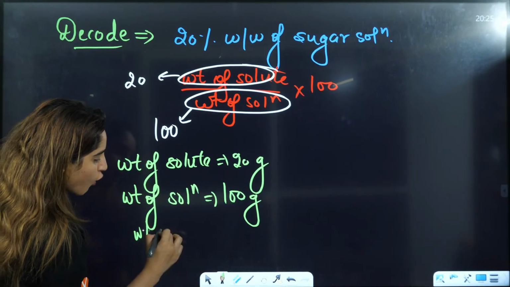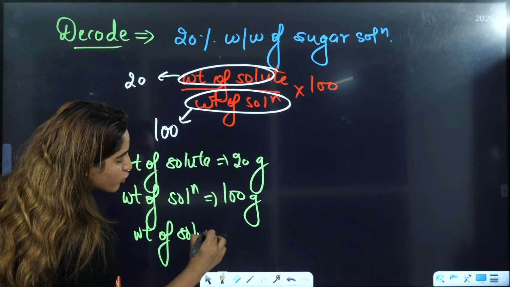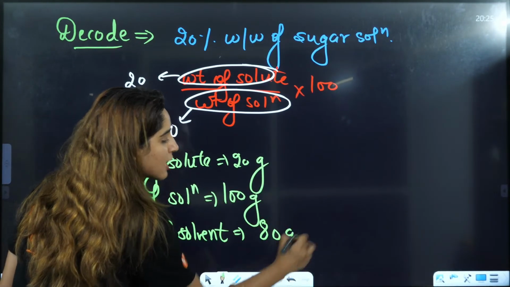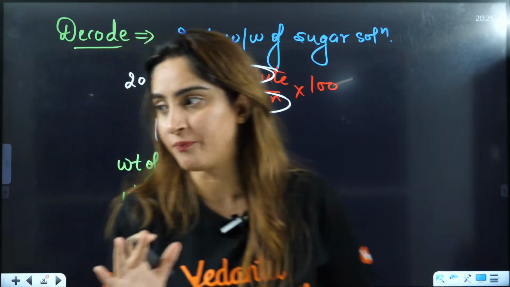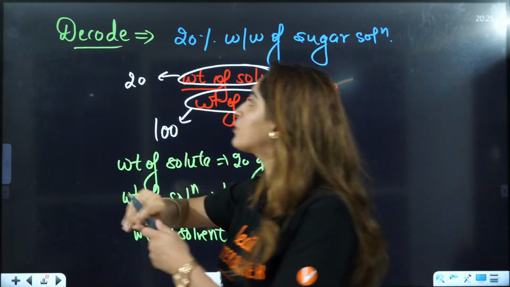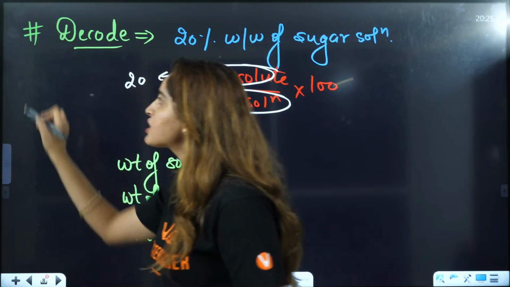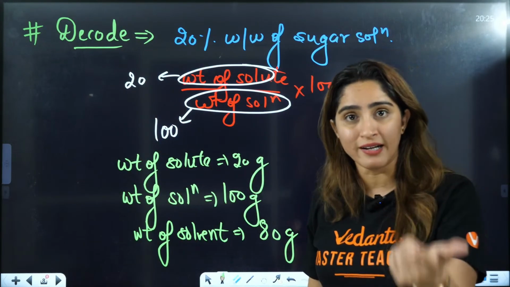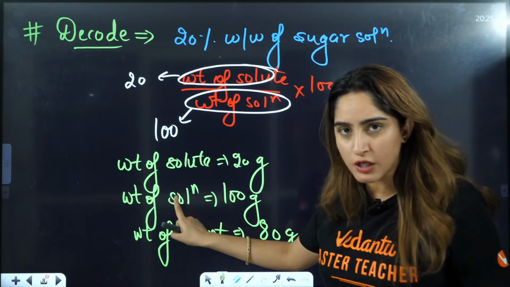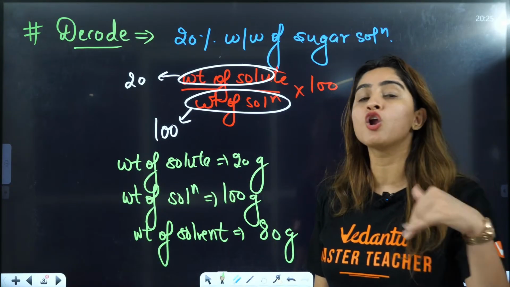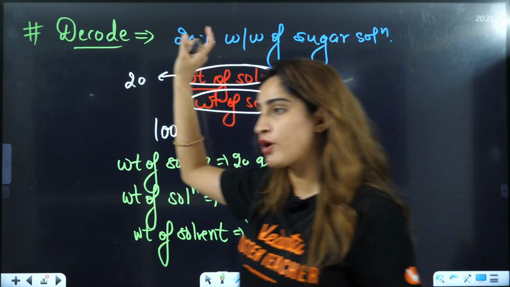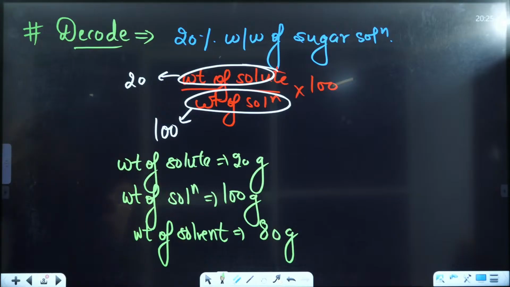Then weight of solvent is going to be 80 grams, that is 100 minus 20. Got it? So we are decoding what weight by weight percentage is. If they have given you this percentage, they are indirectly telling you the weight of solute, weight of solution, and weight of solvent. All of these you can calculate from just this one thing. That is clear to everybody, right?